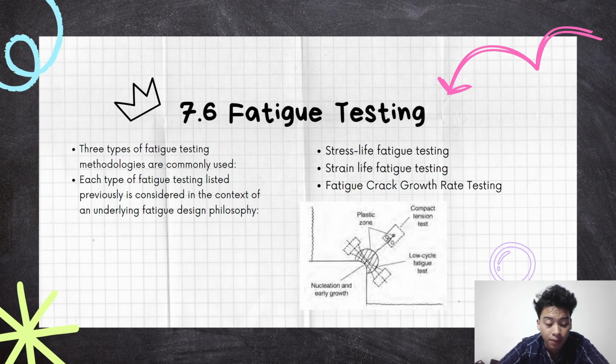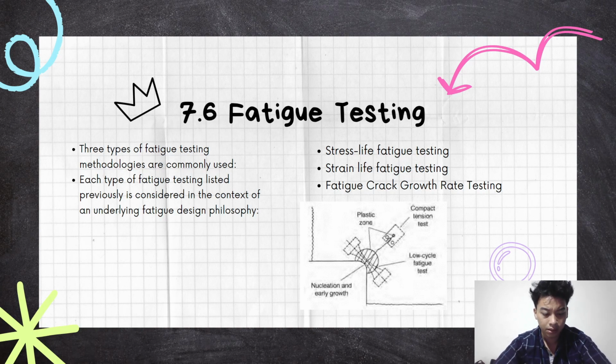Strain-life or epsilon-N fatigue testing is for design with a low number of cycles, the finite life design philosophy. Fatigue testing of fracture mechanics specimens measures fatigue crack growth rates for damage tolerant design of components with existing cracks.